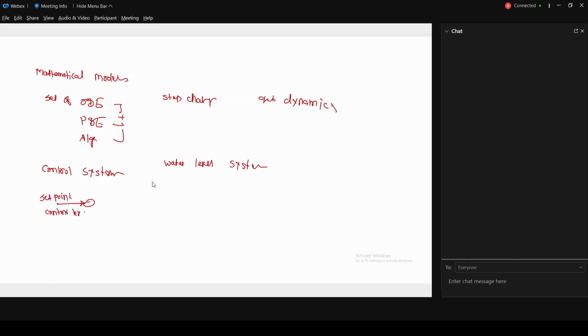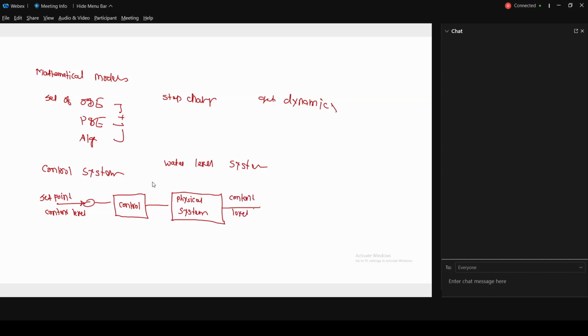Then here is a control system box. And here is your physical system. From the physical system, you measure the content level.